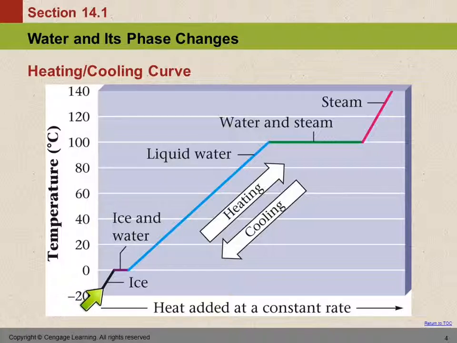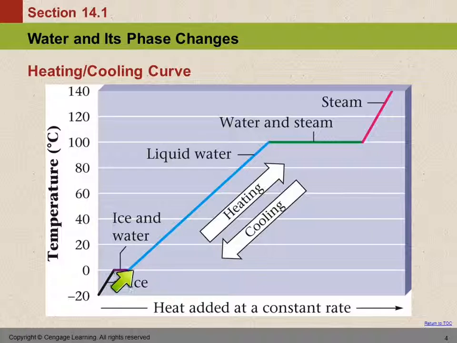As we add heat to it, it warms up. That makes sense. When you heat something, it gets warmer. When we get to the melting point, now the ice starts to melt to water, it transforms from a solid to a liquid, and while that transformation is occurring, the temperature does not rise. It remains at 0 degrees Celsius until all of the ice has melted.